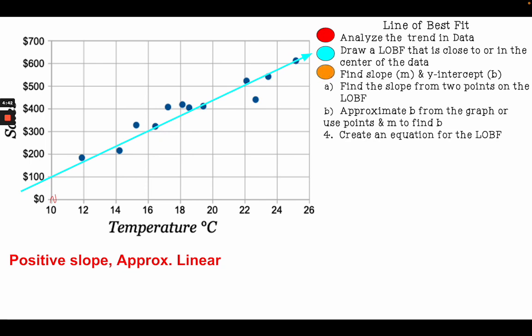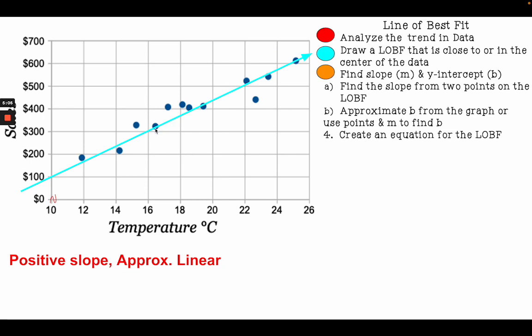So first I'm going to find the slope. Now I know that none of these are hitting kind of here. And so in order for us to find the slope, we actually have to use two points that are crossing through the line.